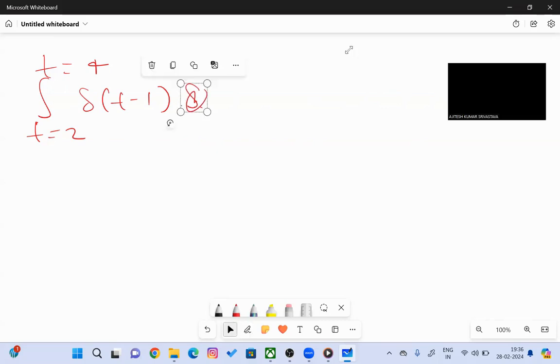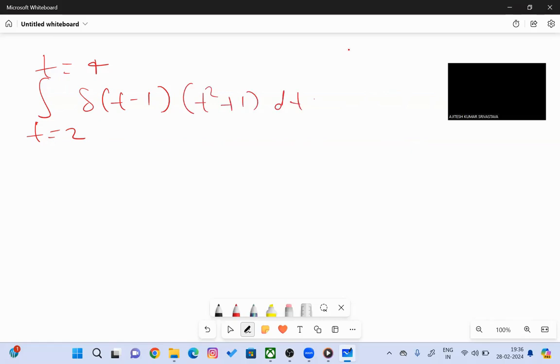Let's discuss one more question. Let's say t equal to 2, to t equal to 4. Again we are taking delta t minus 1 into t square plus 1 dt.